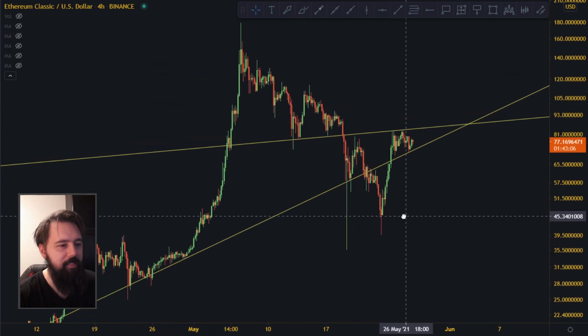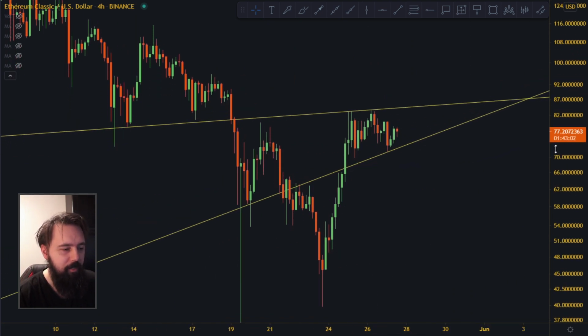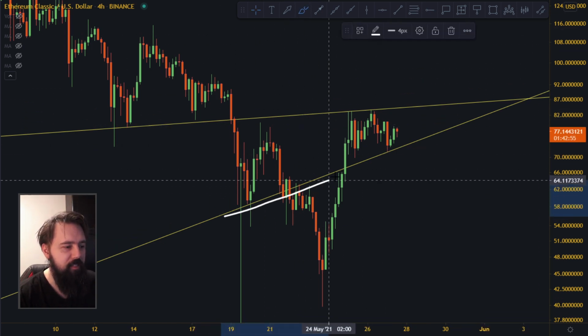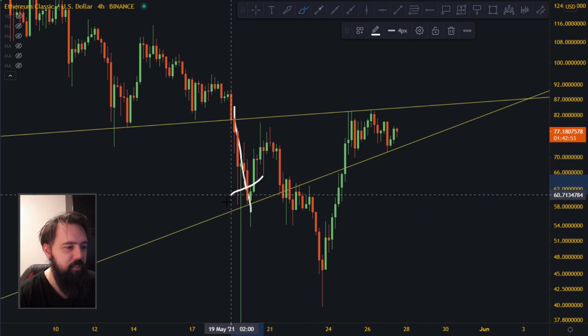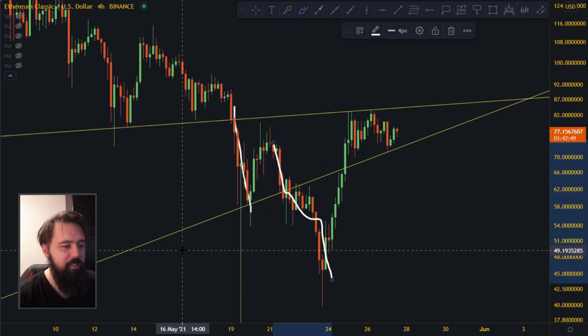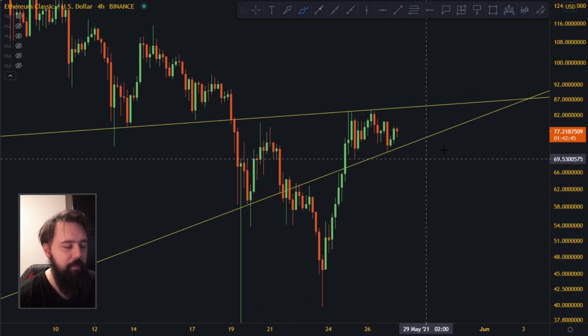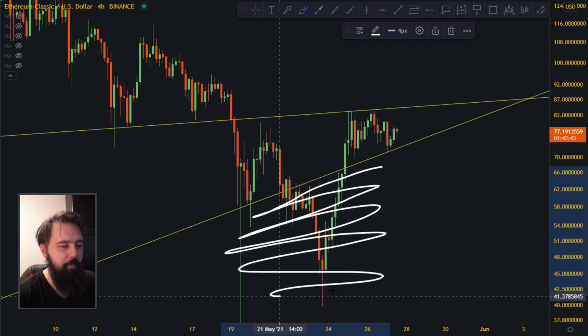It's a legit triangle, but there is also another better pattern forming over here. Short-term pattern, but better pattern. Either way, the fact that this support line held, actually this should have been the bottom, right? But then we went up, and then we got squeezed right through the resistance down here, and then we just blasted right back up again. So this should have never happened.